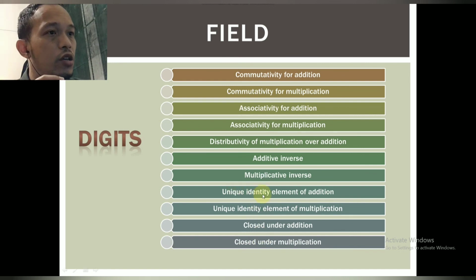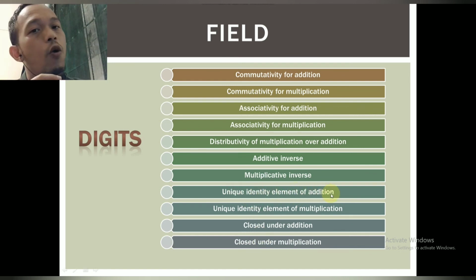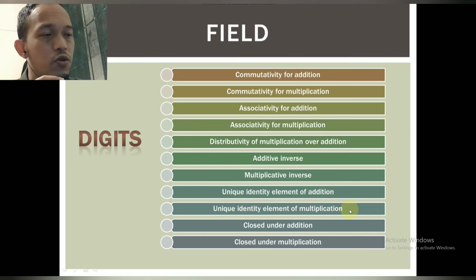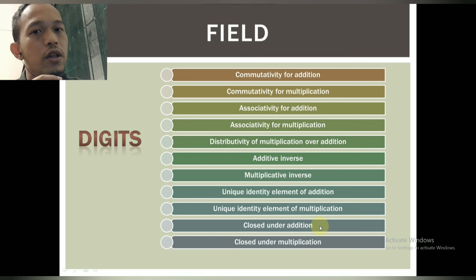And then unique identity, usually no problem, because the identity element of addition will always be 0 for any set of numbers, and for multiplication always 1, so it won't be violated. Closure under addition: if I add a digit with a digit, will the sum also be a digit for all digits?